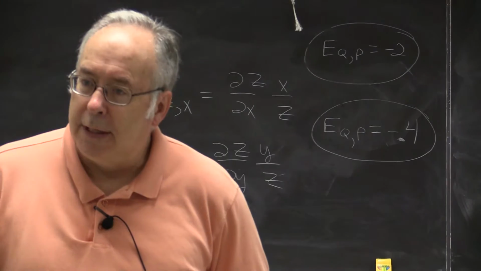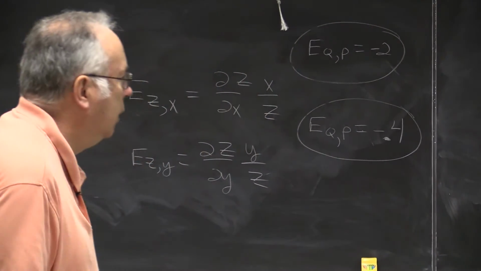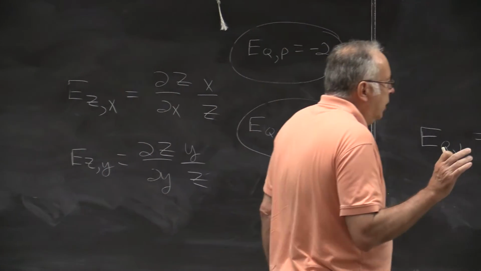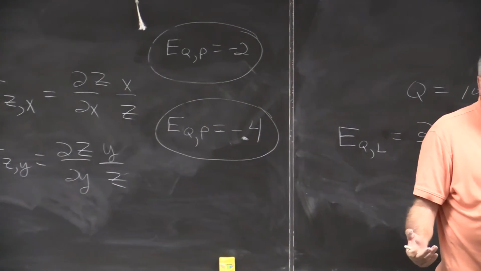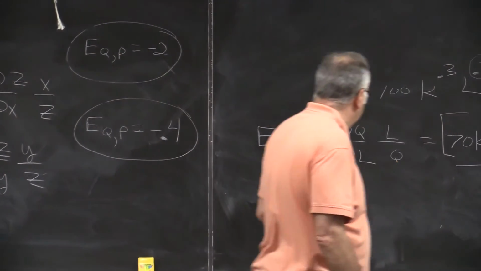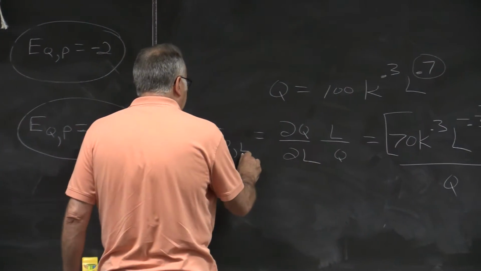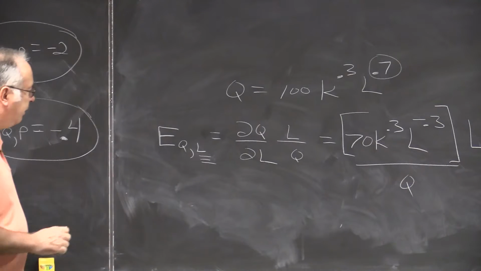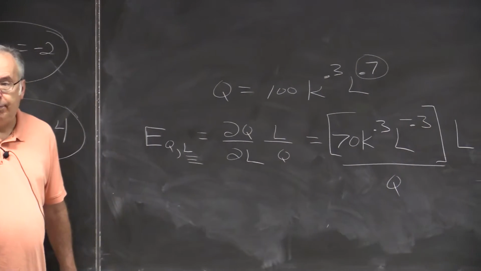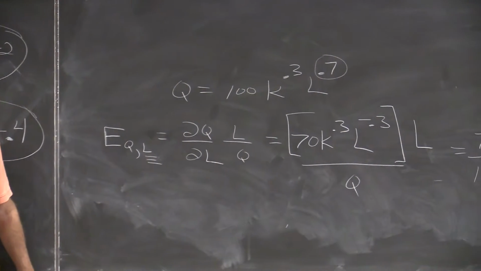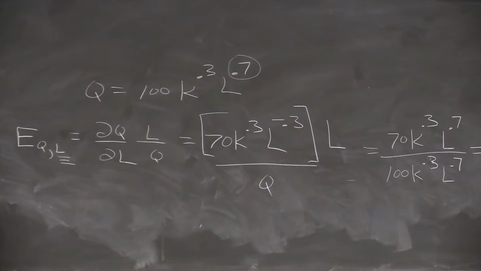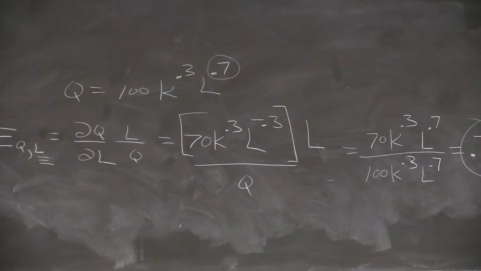Yes, exactly right. You could always take a 1% change. So if labor were to increase by 1%, output would increase by 0.7%. Or a 10% increase in labor would increase output by 7%.